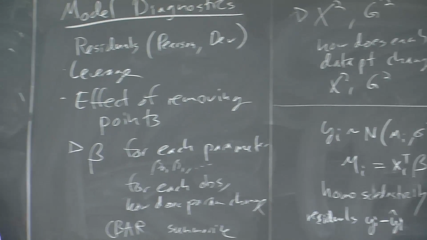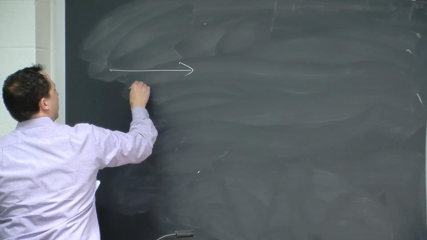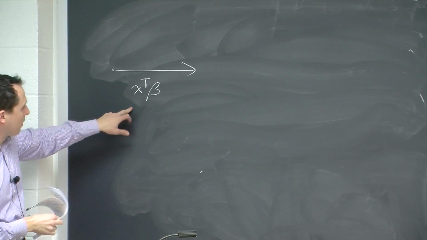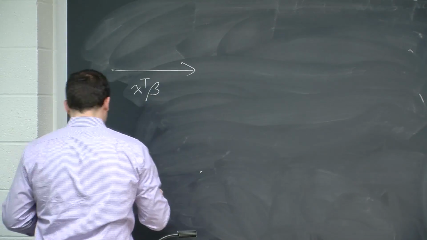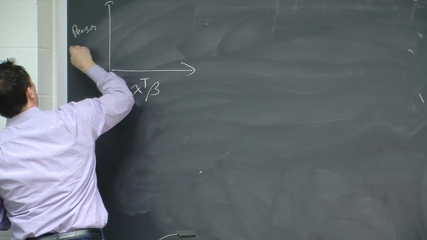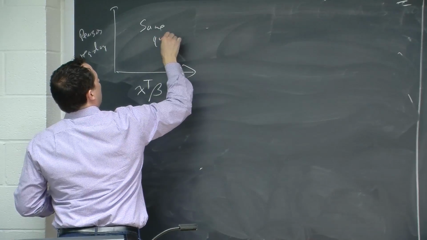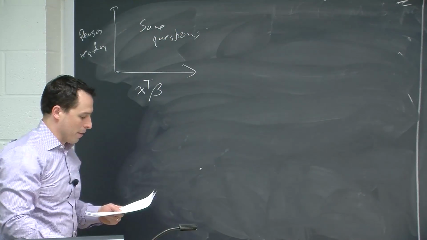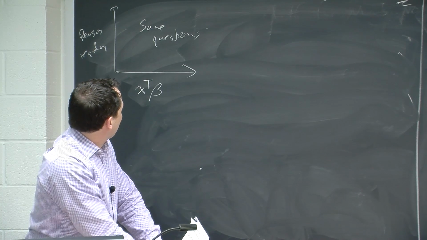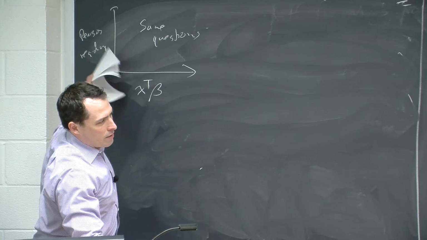And so it's not crazy to look at a graph which is the same on the bottom, except that this is not the expected mean anymore. It's just the linear component. And graph that against the Pearson residual. And then we can ask the same questions, and look for something which is roughly horizontal, because now we've transformed to something which should be approximately normal.